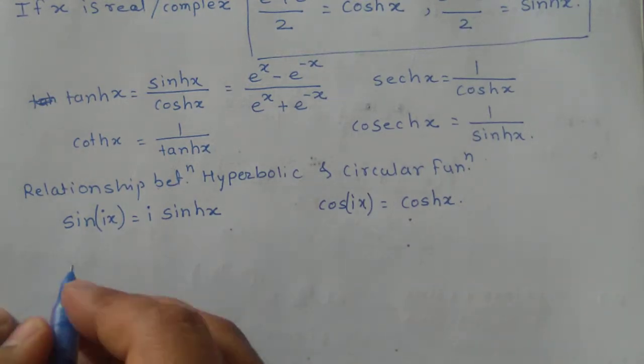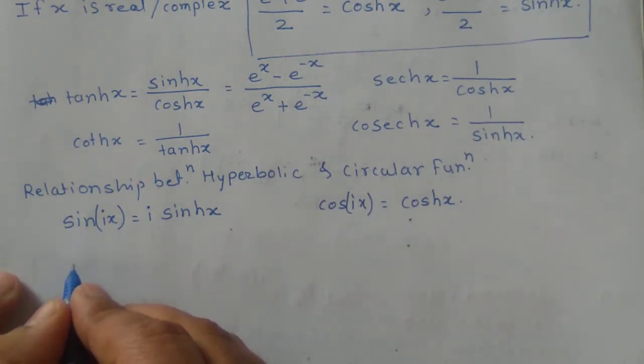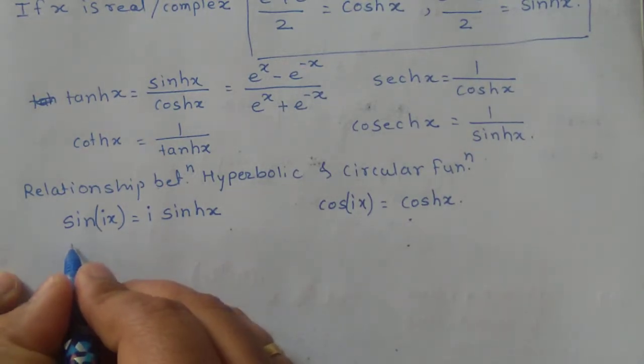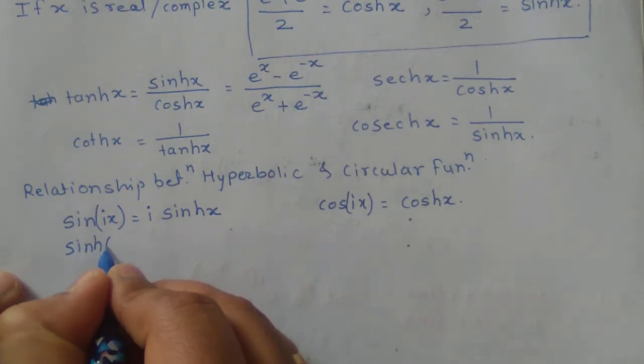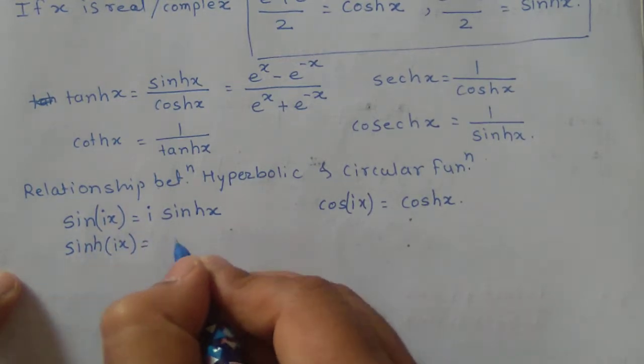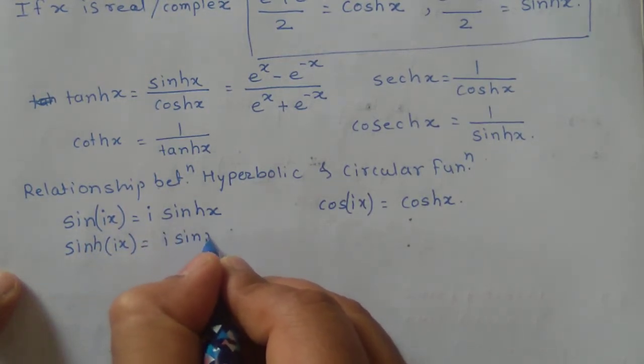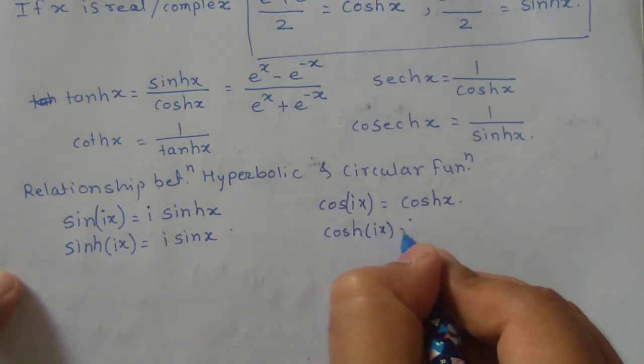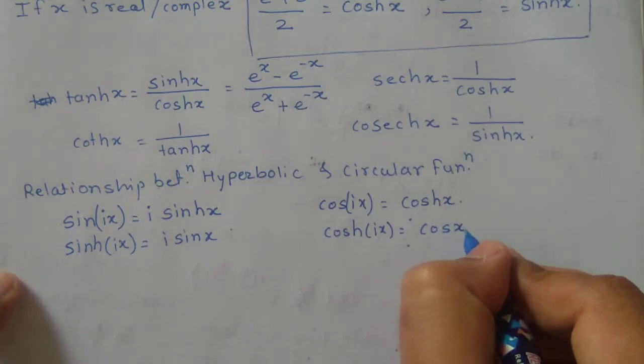Okay. Similarly, one can write hyperbolic sin of ix is equal to i times sin x. Hyperbolic cos of ix is equal to cos x.